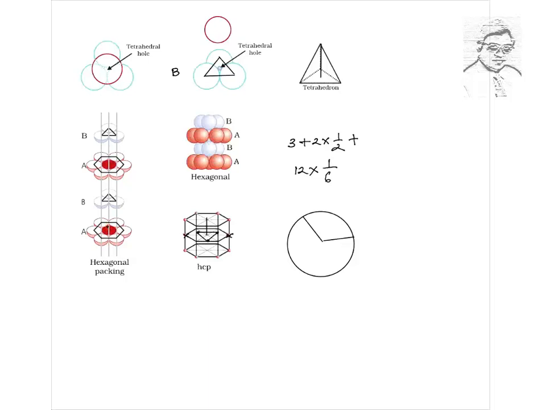Top also has h, bottom also has h. So from the top hexagon layer to the bottom hexagon layer, the length is going to be h plus h, which is 2h.